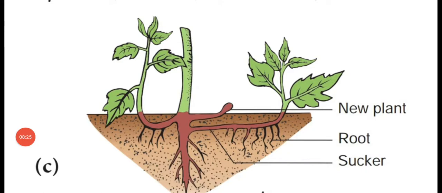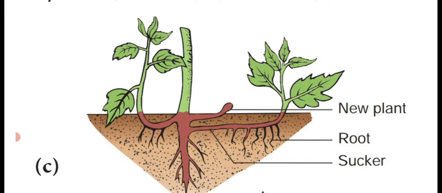Dear students, see the diagram. The stem which is located below the soil, which is brown in color, contains adventitious roots in the nodal region. Suddenly, they are producing the stem above the ground level. That means it grows above the ground level and produces the shoot system.